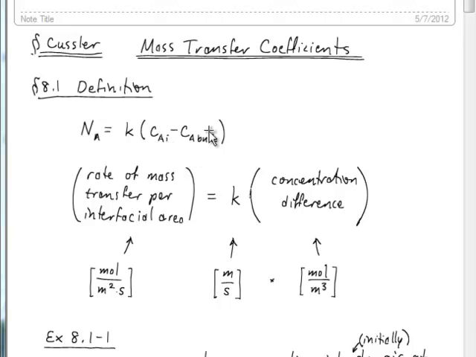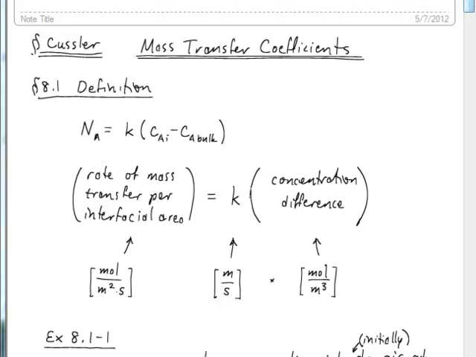And we multiply that concentration difference by a mass transfer coefficient K and equate that to the total flux, that is moles per meter squared per second. So this, of course, is moles per meter cubed, and therefore the units of the mass transfer coefficient have to be meters per second. So it is often referred to as a mass transfer velocity for that reason.